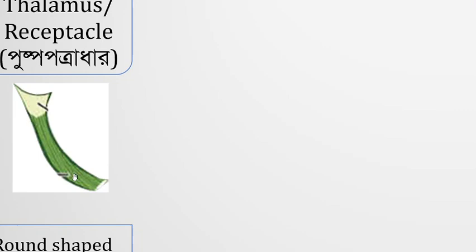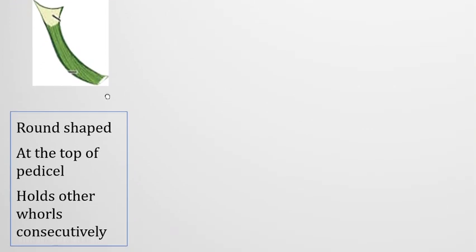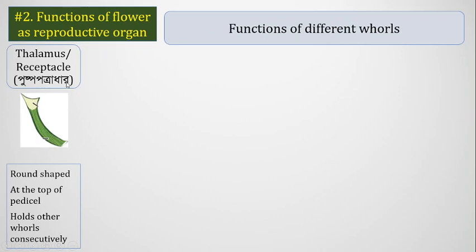We are not talking about the pedicel, we are talking about the receptacle or thalamus. The thalamus is round shaped, and it resides at the top of the pedicel, and it holds the other parts consecutively. What is its function? It attaches the other parts one after another, from the outer to the inner.